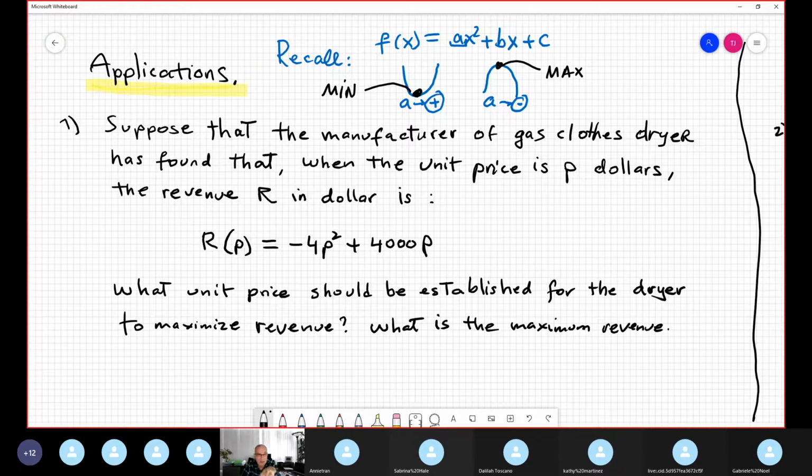Okay, the first application problem: suppose that the manufacturer of a gas clothes dryer has found that when the unit price is $P, where P is like our independent variable X in the equation, the revenue R, in dollars, is expressed by this formula.